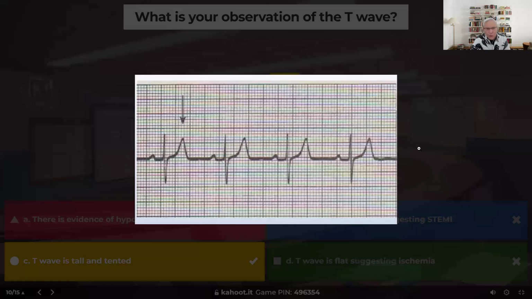And what is the implication of a tall T wave? The implication of a tall T wave is that it is usually a manifestation of hyperkalemia. So you would see this in patients who are on dialysis, particularly if they have high or elevated potassium levels.